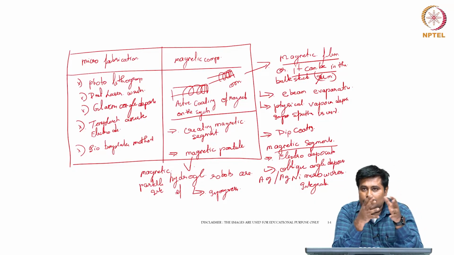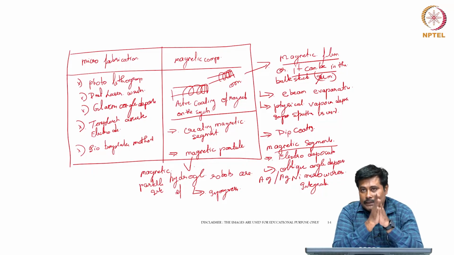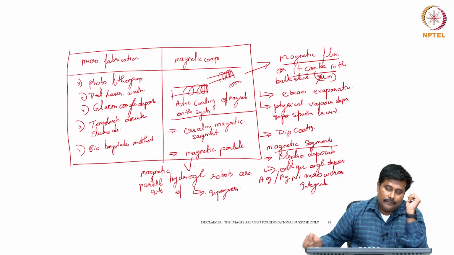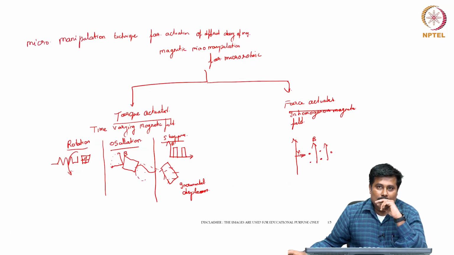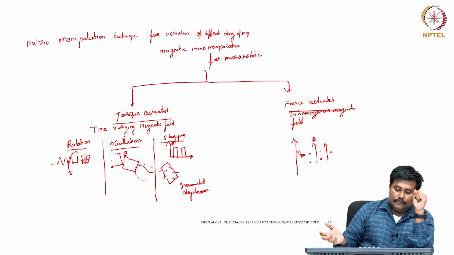As far as magnetic film is concerned, since we are already well versed with microfabrication techniques, we have E-beam and physical vapor deposition or dip coating available, and then different magnetic segments are deployed, like electrodeposition and oblique angle deposition. And with reference to micromanipulation techniques for actuation, there are different designs.